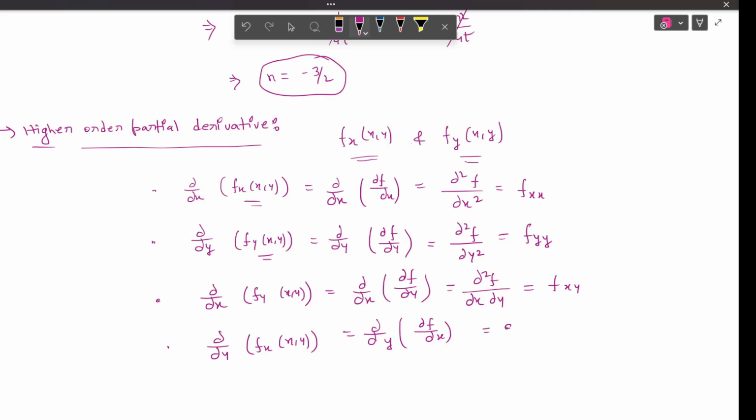This is del 2 f upon del y del x, so this is f of y x. These are the four derivatives you have to remember.